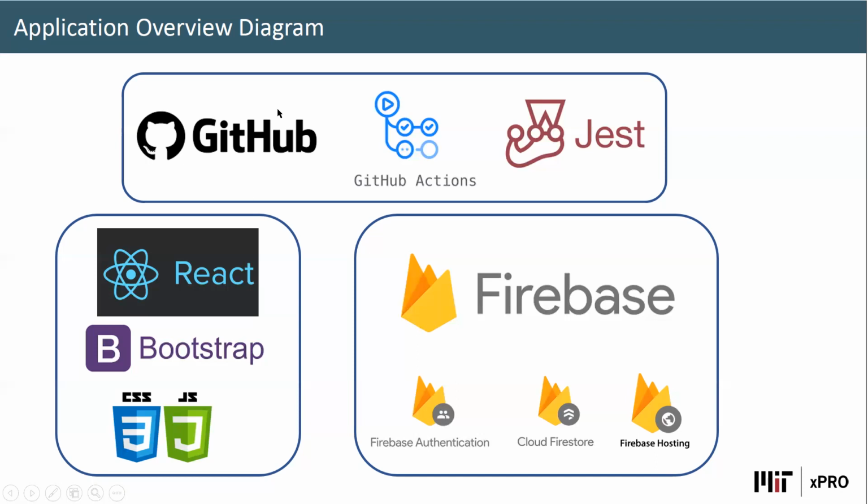Of course, my code is located in GitHub, and I have implemented GitHub actions, so every time that you make a push or a pull request, GitHub actions are performed. I'm also using Jest for testing the application.